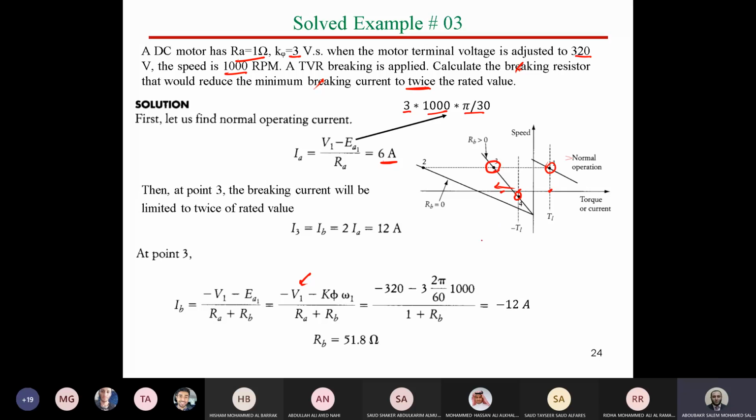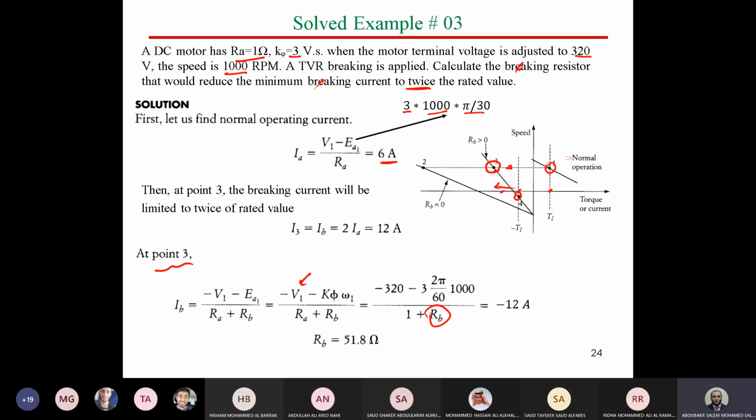So the value of Ra is given as 1 ohm, and the only unknown here is RB. So we substituted not at point number 4, but actually at point number 3, where the speed here is 1000 RPM. So this is now at point number 3. This is right.